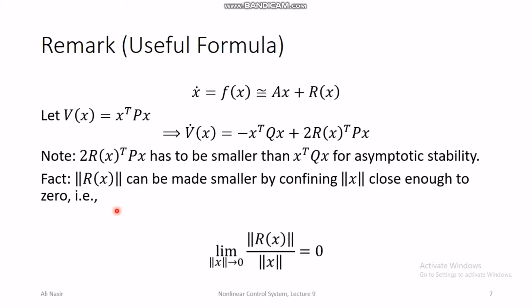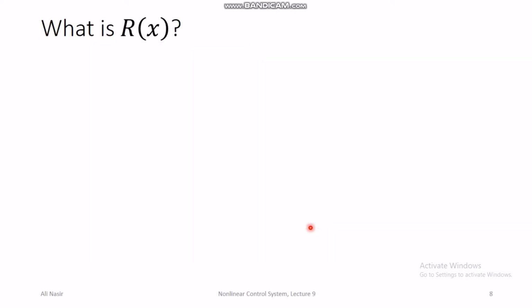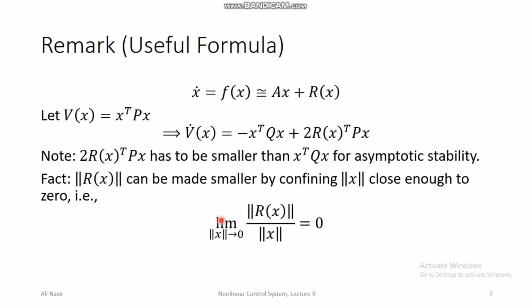This is the mathematically proven fact that as the magnitude of x goes to 0, the ratio of R of x over the magnitude of x is 0. And we can actually show this mathematically as well, how R of x becomes smaller with the choice of x.